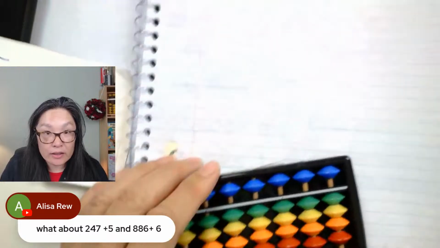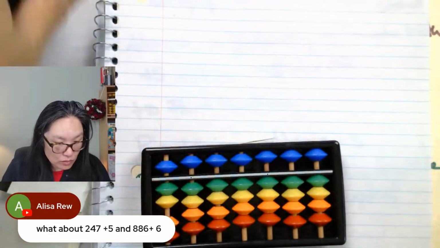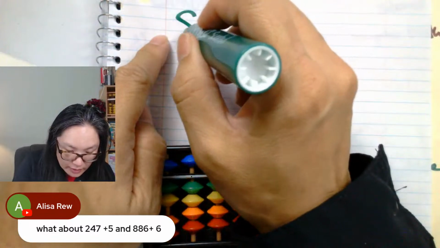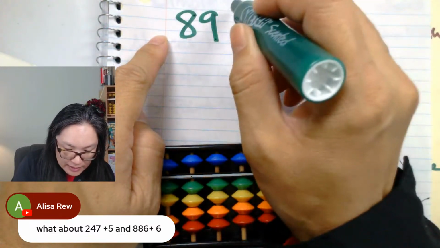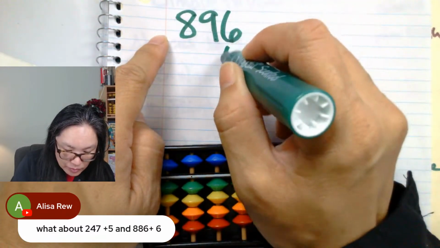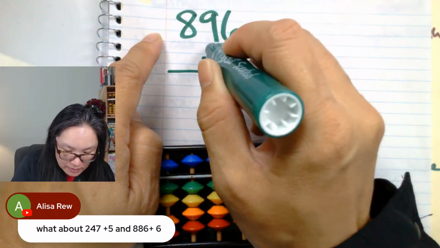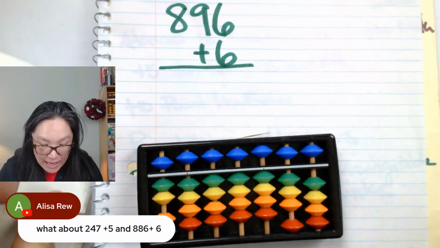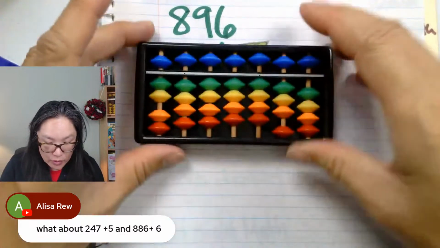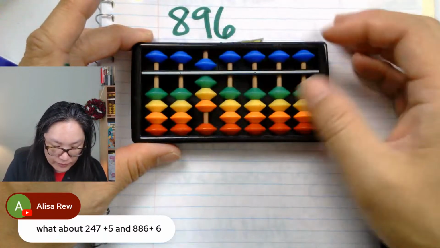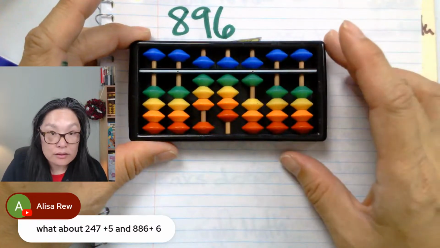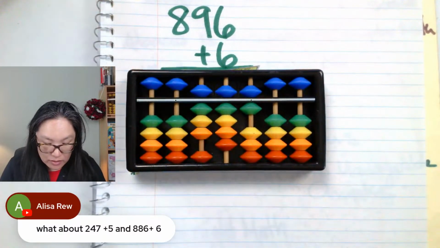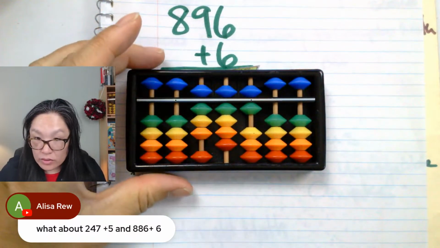So when we look at it, we do 896 plus 6. It's a little bit more difficult. Why? Because now we've got to really look at it. We have 896. Then we're going to add our 6. When we add our 6, we need to.